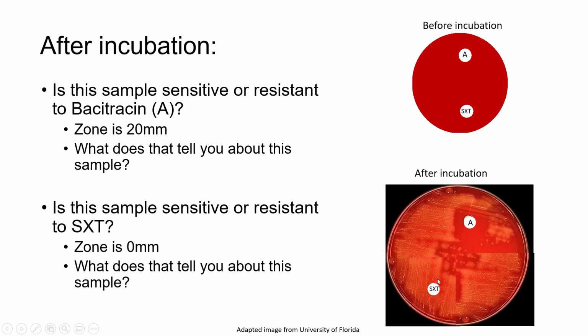But your sample is resistant to the SXT because it grew right up to that disc. So sensitive to bacitracin, resistant to SXT. And you want to be writing these down, like when you do the student practice PowerPoints, you can write down what the results are. So on this one, the result would be sensitive to bacitracin, resistant to SXT.